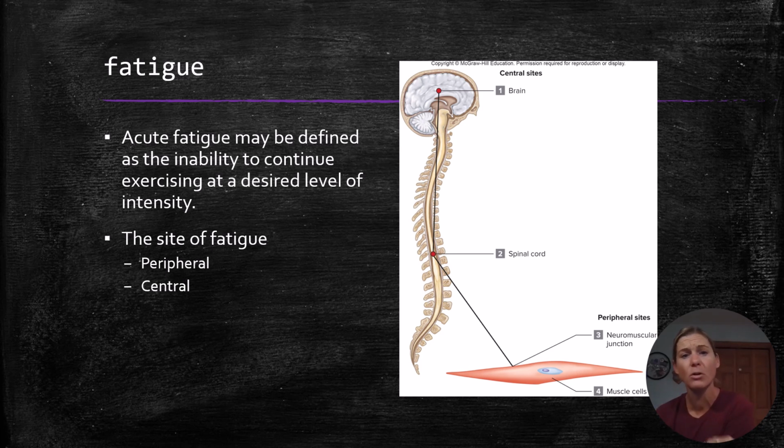It can be peripheral, which is out of the muscles, like the neuromuscular junction and muscle cells, but it can also be central, and that can involve the brain and spinal cord and some neural fatigue as well. So when we think about fatigue, I want us to keep in mind that it can be a lot of different things, right? There's a lot of reasons why we get to the end of that exercise and we feel absolutely drained. Some may be nutrition, some may be some of these other aspects as well.